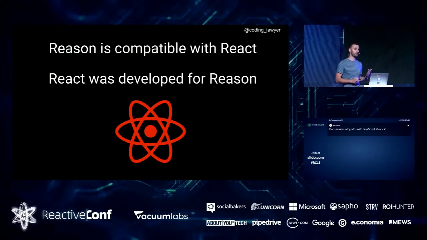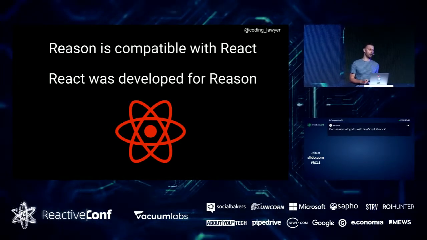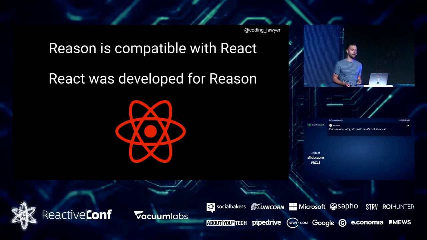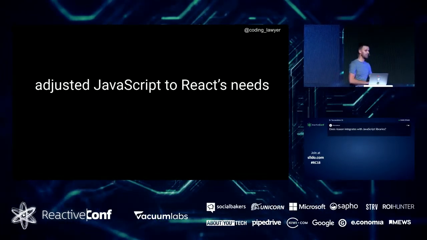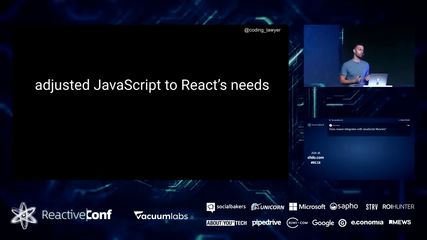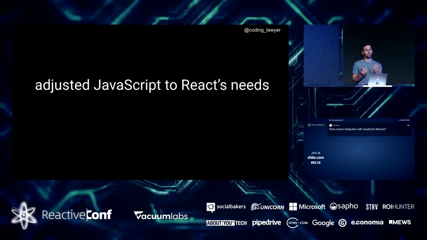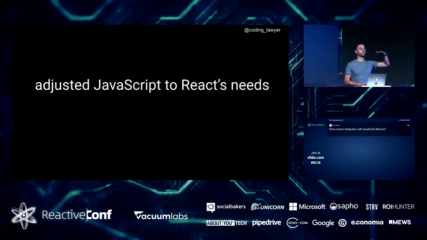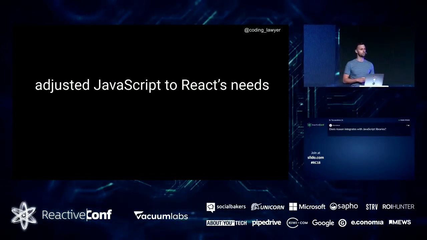And when React came into JavaScript, we needed to adjust JavaScript to React's needs. So we created a lot of tools and libraries to make development smoother. And this means another layer of complexity for our application.